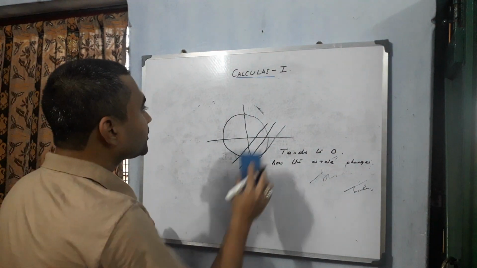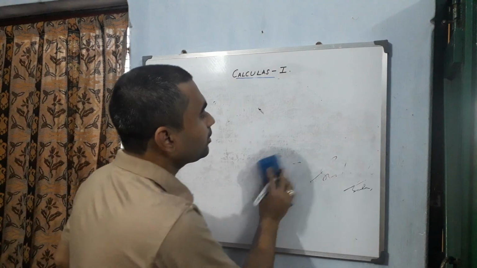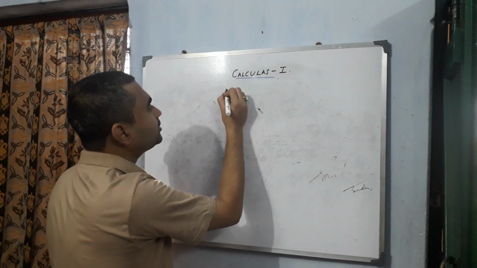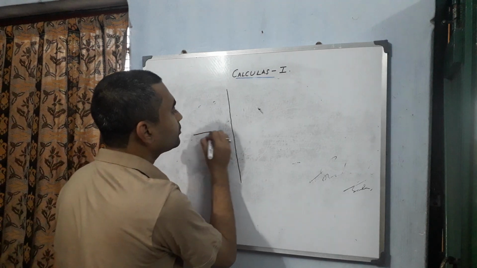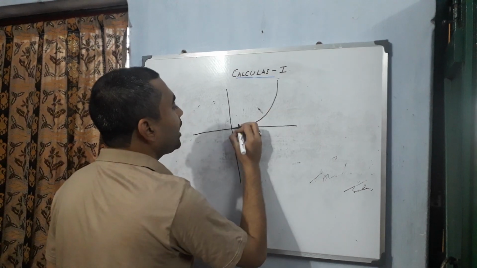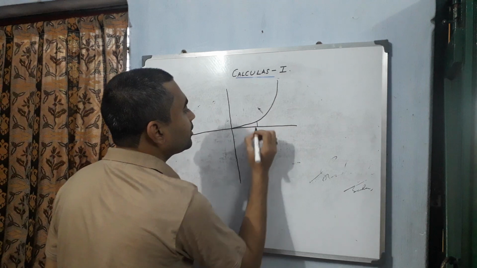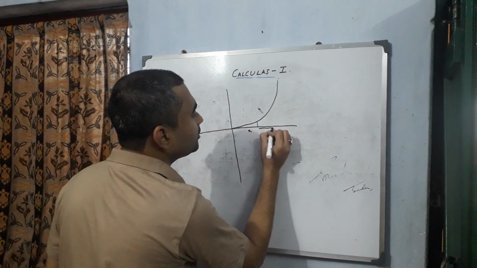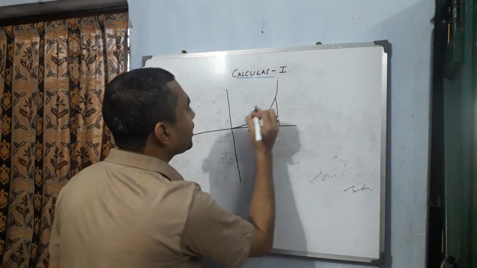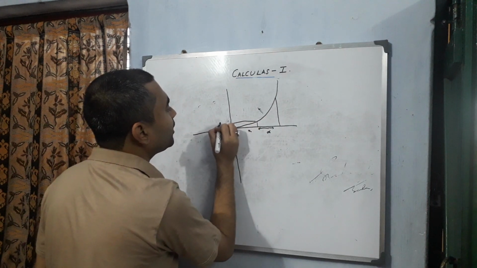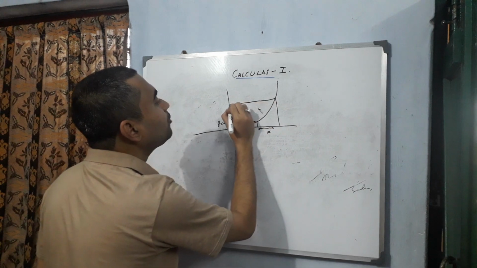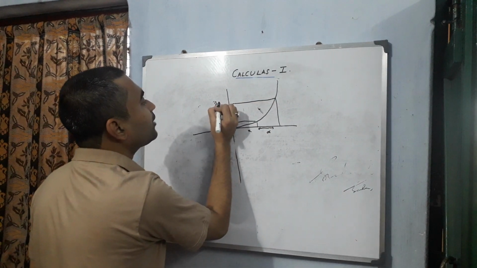So suppose we have a kind of a graph something like this, and we write this as x and this distance as h, and if this is what I write as y or function of x, this is the change of function of x, or f of x plus h.